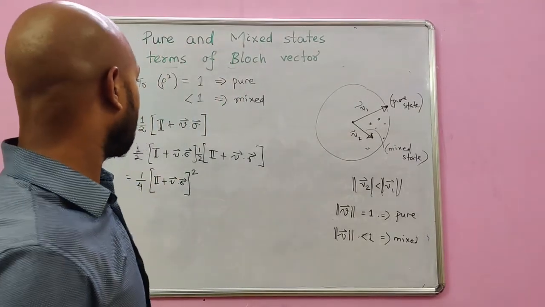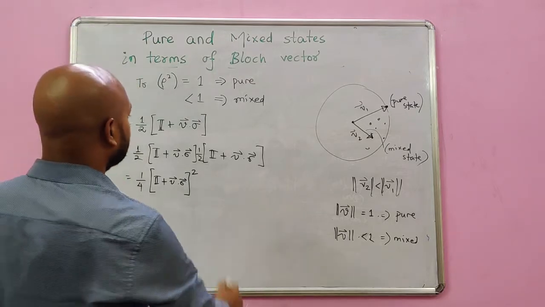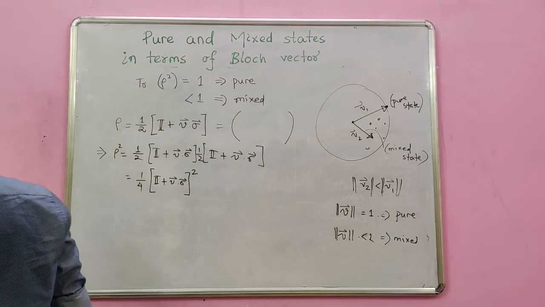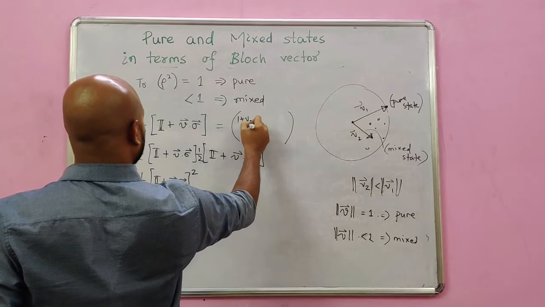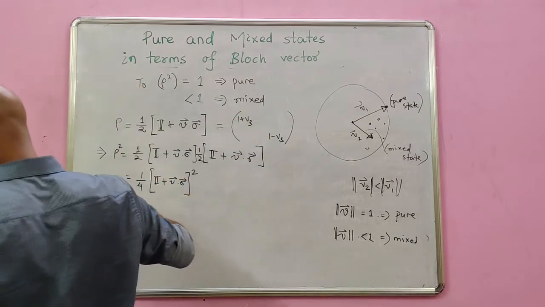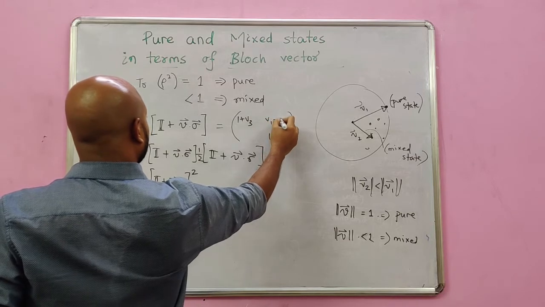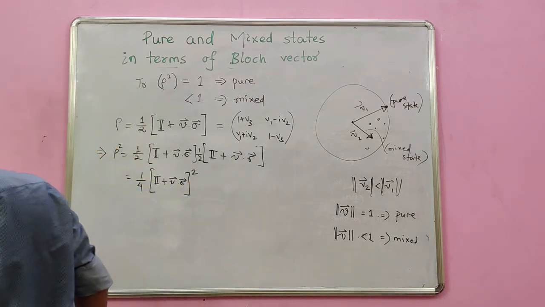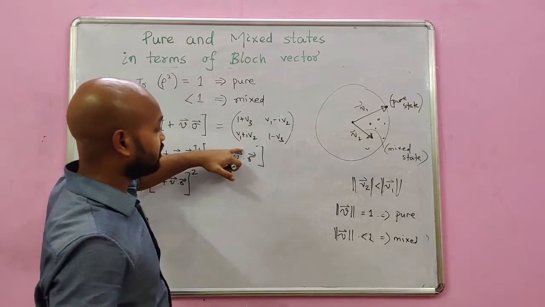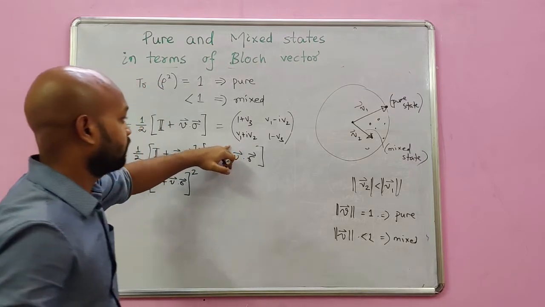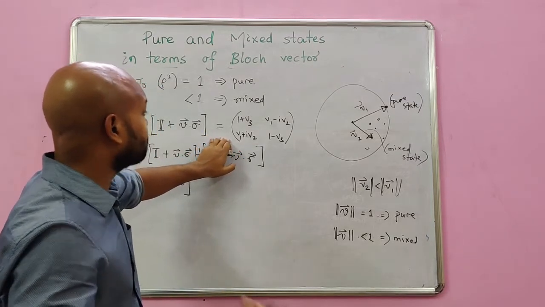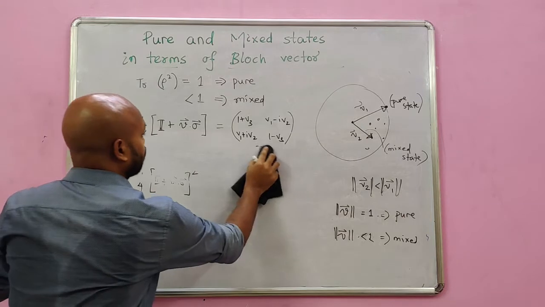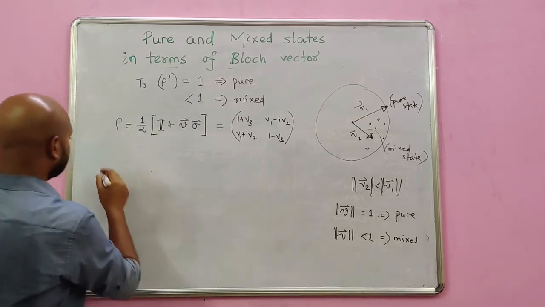What I do is, I take the rho matrix as the following one, in terms of V1, V2 and V3. So I take it as 1 plus V3, 1 minus V3, V1 minus iV2, and V1 plus iV2. This we saw in our last lecture, just a couple of steps before this step. So I take it as this and then try to calculate the rho square, because this would become easy, as we would see.